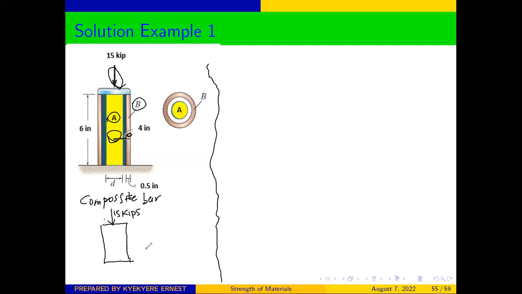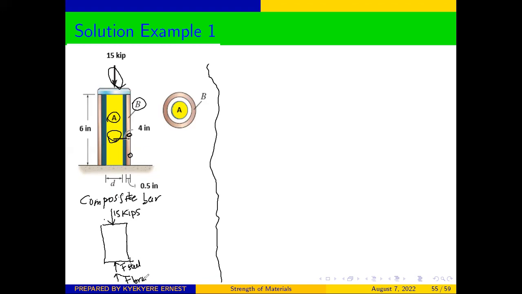Because we have two tubes, they are both going to exert a force opposite to the force applied. So the steel is going to have F steel, and in the same way, the red brass is also going to exert a force opposite to the applied force.